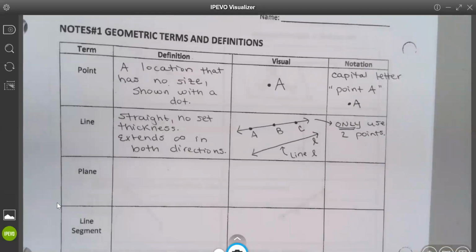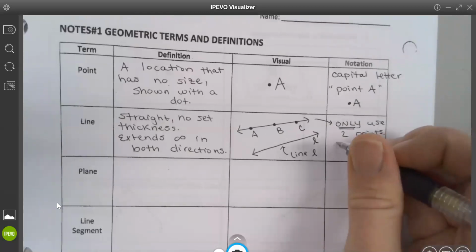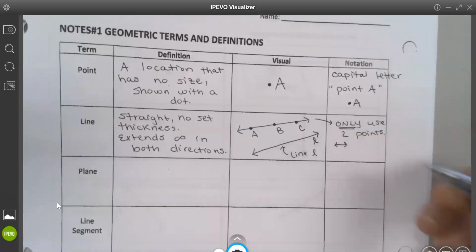So I don't need to identify all the points on that line. And in fact, we should only use 2 points. When we identify lines, segments, rays, anything in a geometry diagram, we identify what we're using. So to show that it's a line, I put a little line symbol above my letters. I'm not drawing a new line, that's just a little symbol.